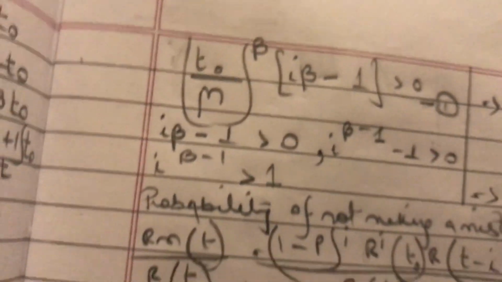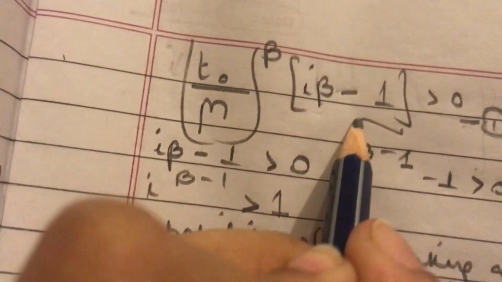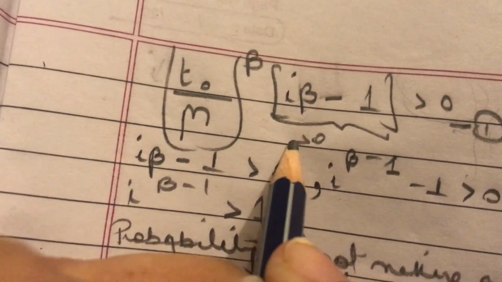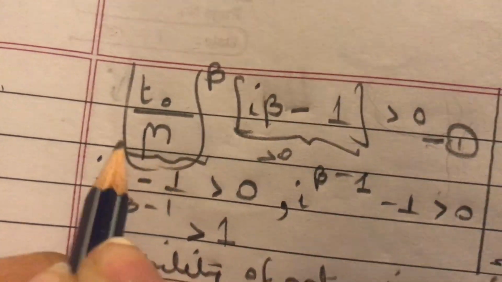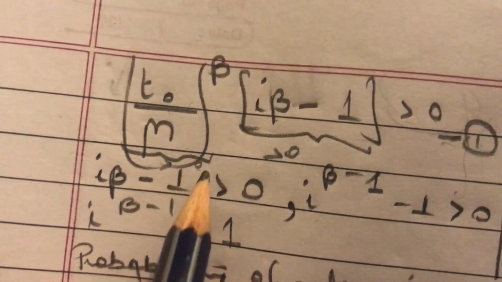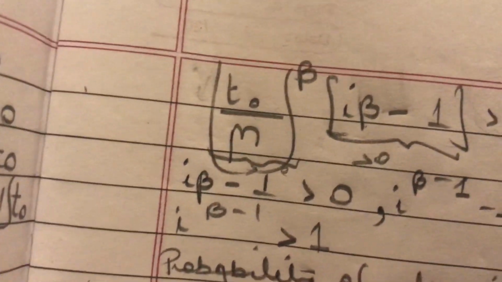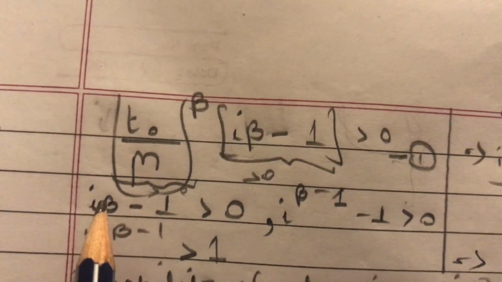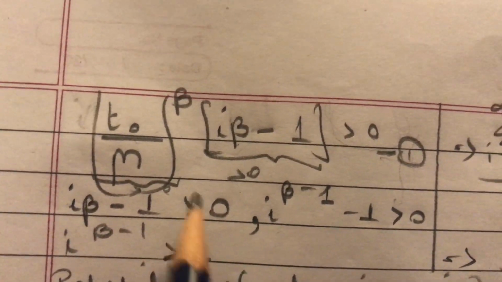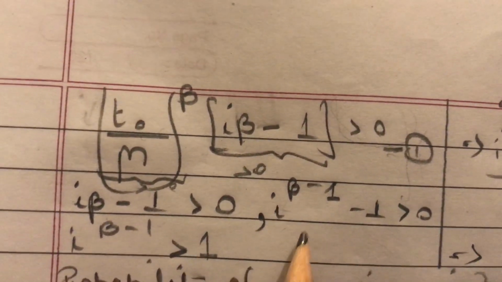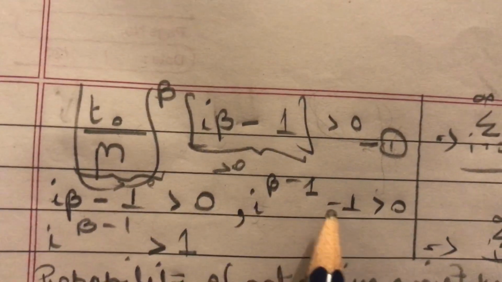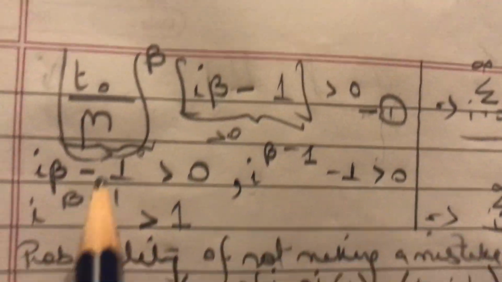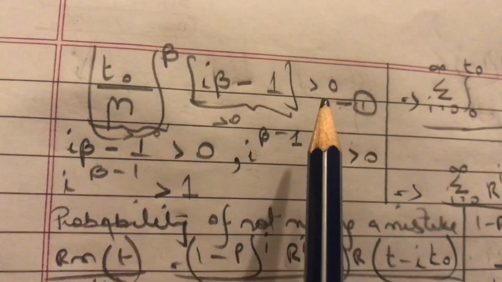Now we say that this is also greater than 0 and this is also greater than 0. So we took i^b minus 1 greater than 0, and it can be written in this form also: I to the b minus 1 greater than 0. This can be written as this as well.